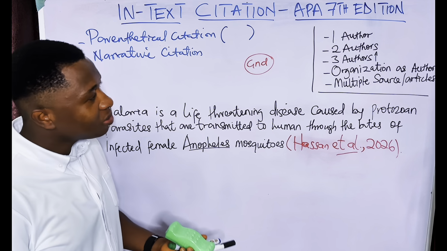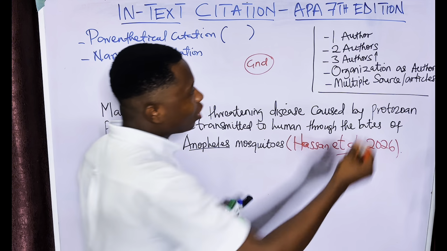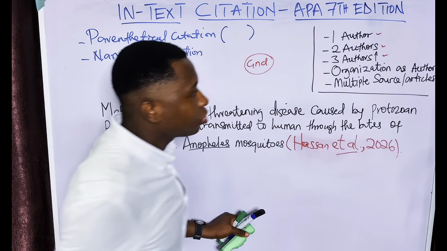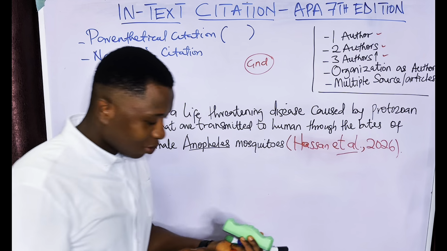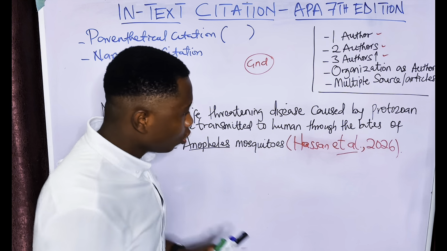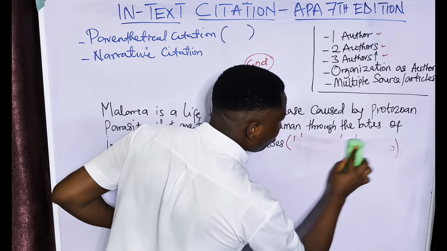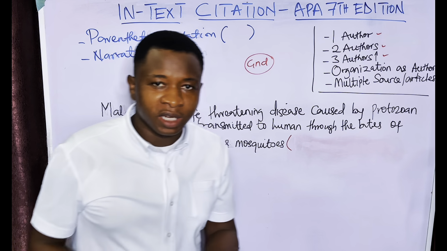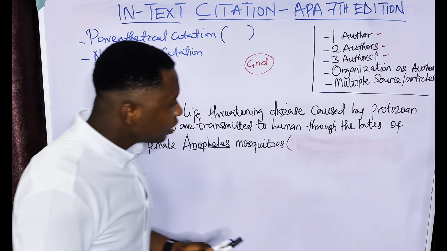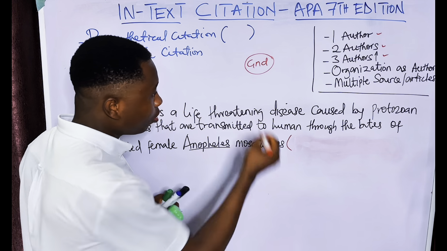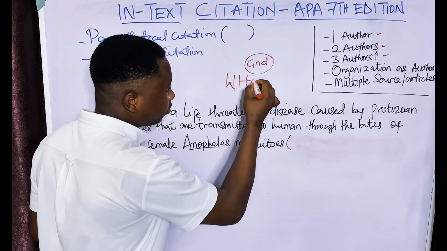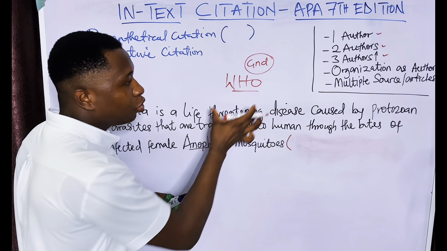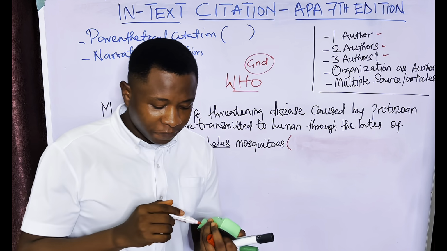How do you also cite an organization? We have looked at one author, two authors, and three authors. Now let's look at how we cite an organization as author. Let's assume we want to cite the World Health Organization. We know it's WHO, but you don't cite WHO just like this when it's appearing for the first time.